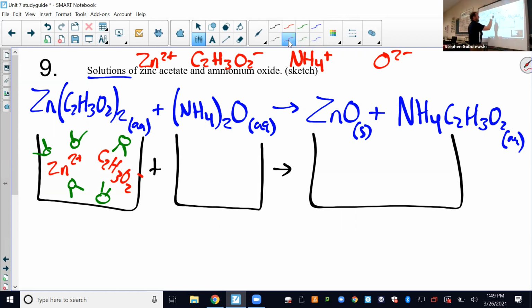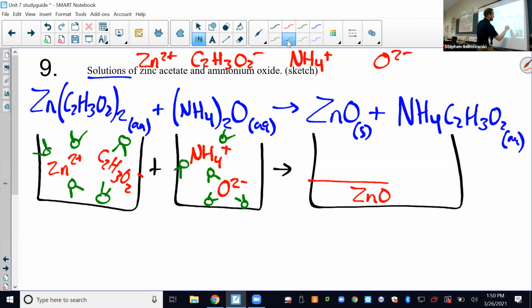Second beaker, I have ammonium and oxide ions. So NH4+, O2-, and my waters are going to face towards the ammonium and away from the oxide. Final beaker, I have ZnO solid, which means my ZnO is at the bottom, and I like to draw the line to show that it literally settles out.